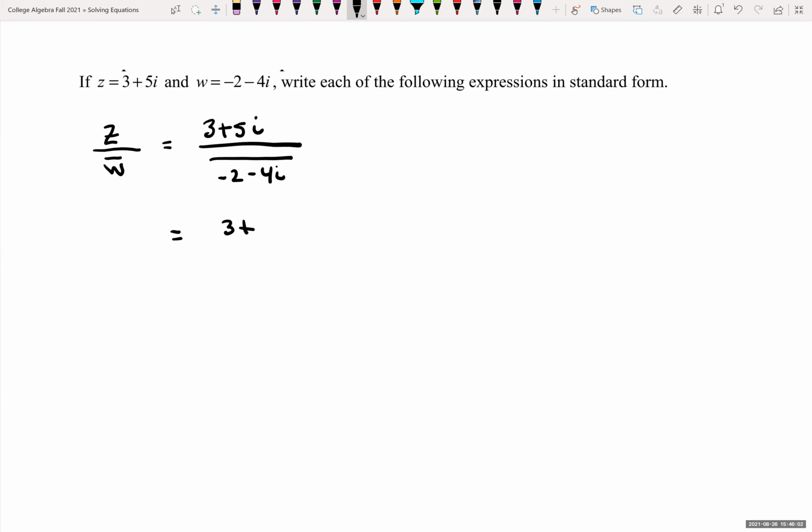So this is 3 plus 5i all over negative 2 plus 4i. So division, complex numbers, get rid of the complex number in the denominator. We can multiply through by the conjugate. And so the conjugate of our denominator, just change the sign between the real and the imaginary part, we get negative 2 minus 4i.